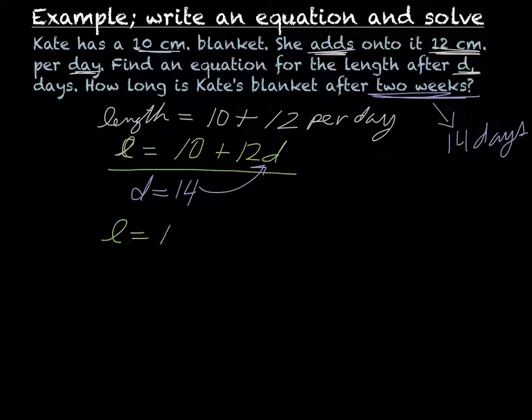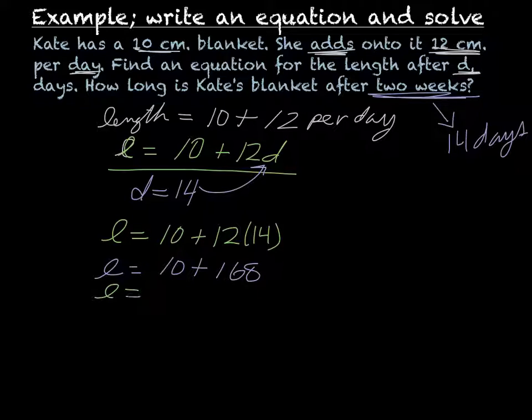So L equals 10 plus 12 times 14. And then when I solve, L equals 10 plus 12 times 14 is 168. And you can use a calculator for that. That's fine. You don't have to do it in your head. And finally, 10 plus 168, L is going to be equal to 178.